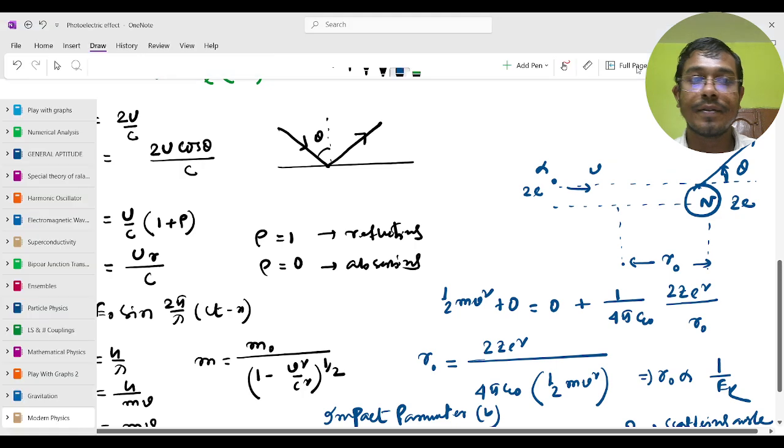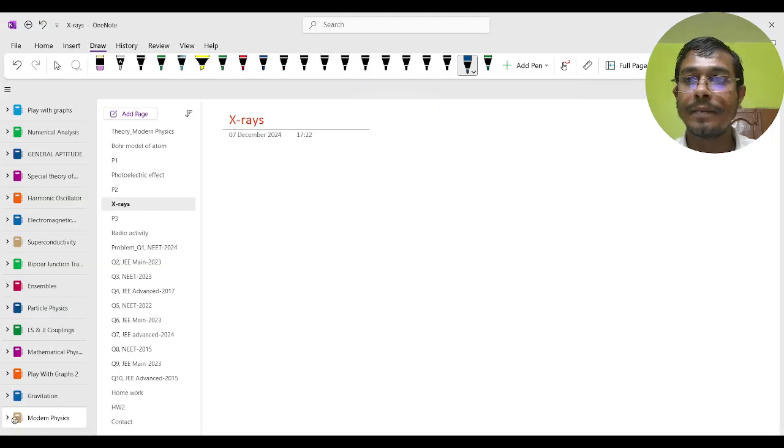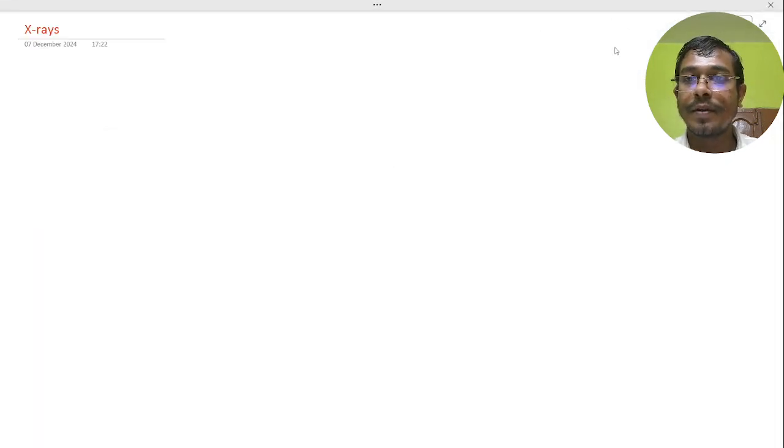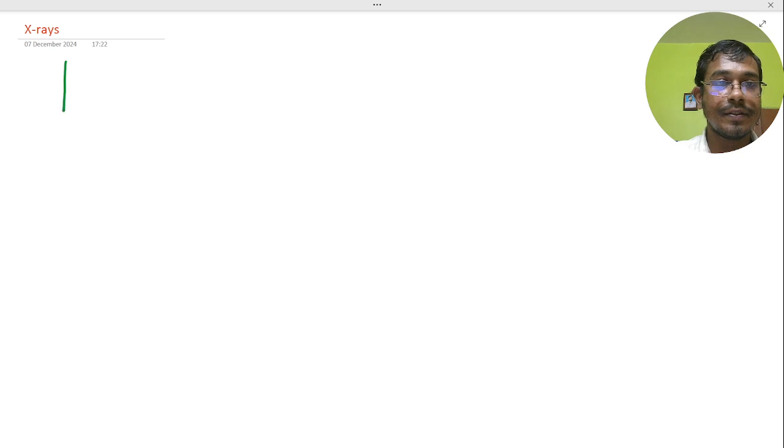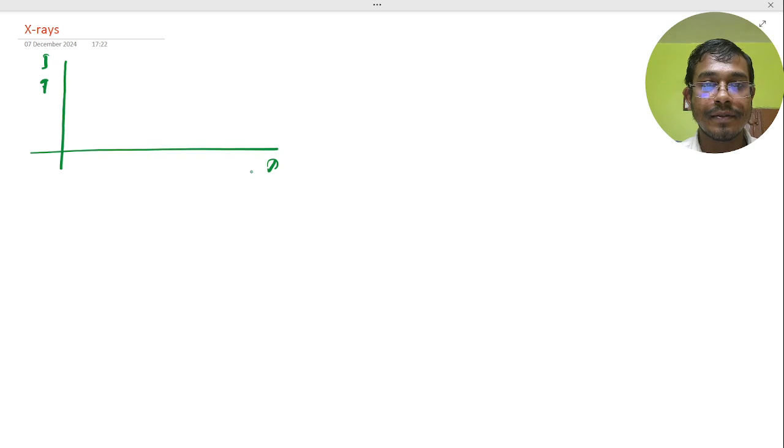So our next topic is X-rays. First, the Coolidge tube method. For electron bombardment, the graph of intensity I versus lambda would look like this.